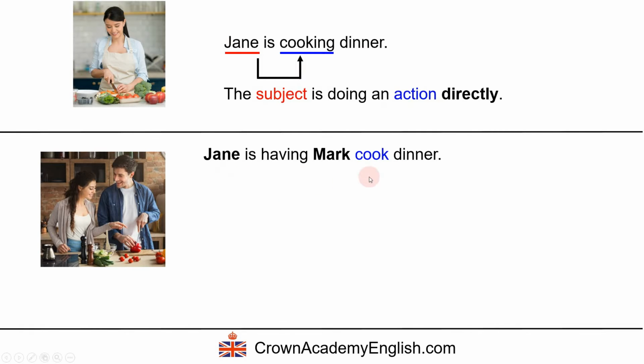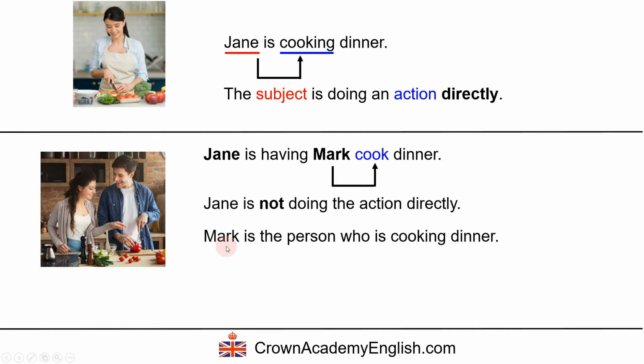Now let's look at an example with a causative verb. Jane is having Mark cook dinner. Now, in this example, Jane is not doing the action directly. Jane is not the person who is cooking. Mark is the person who is cooking dinner, doing the action directly.